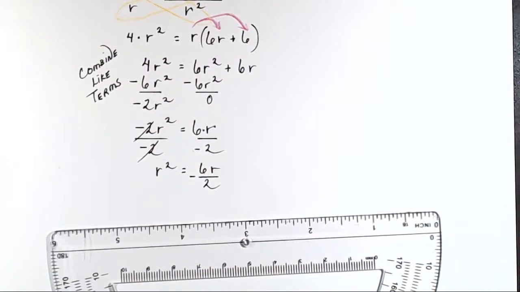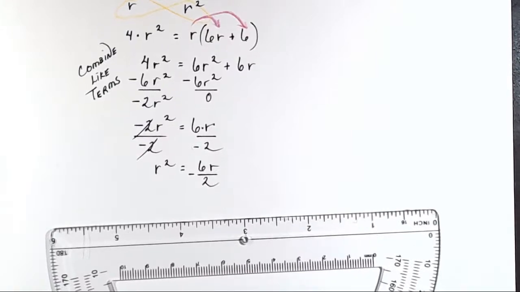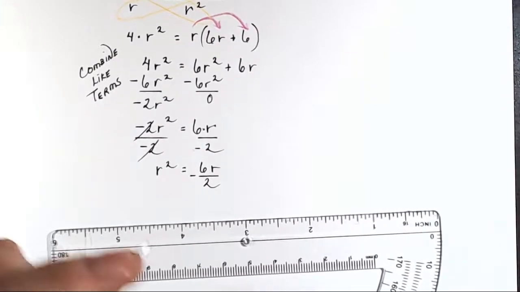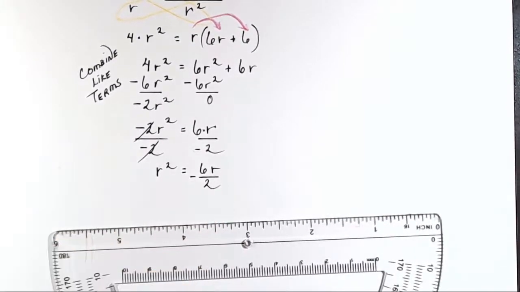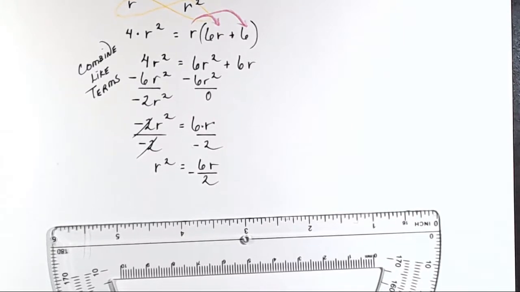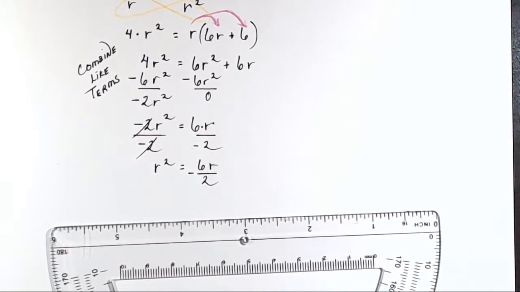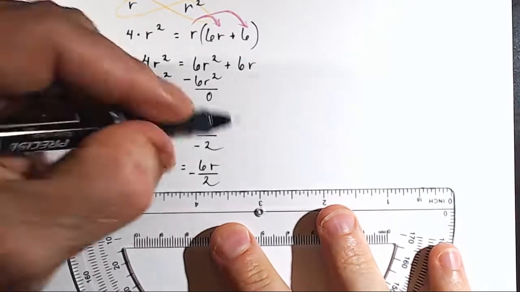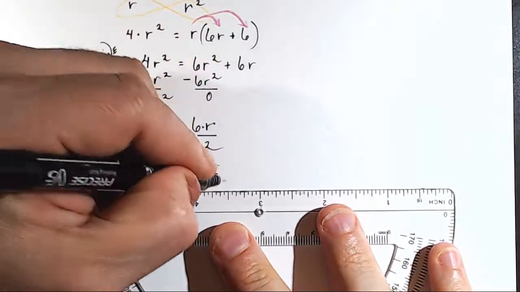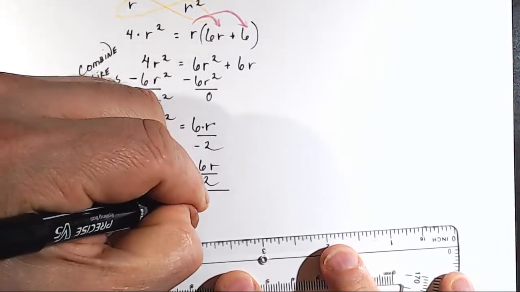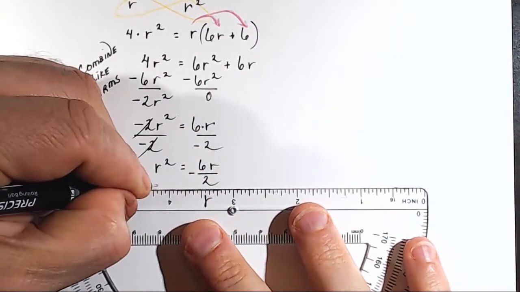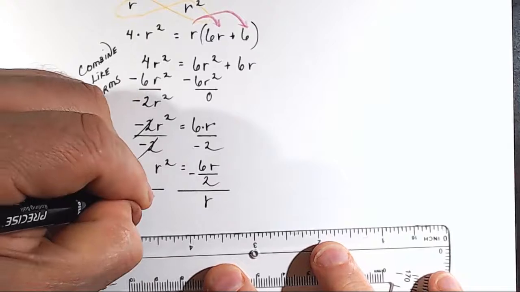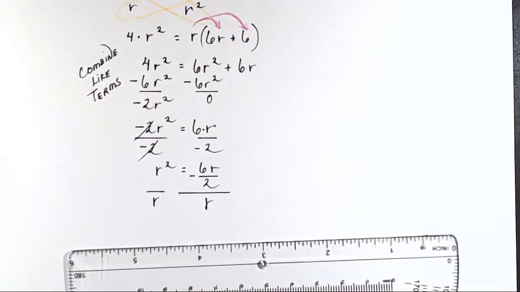Now what do we do? We have to get rid of the r, so I'm going to divide out the r on both sides. I'll divide by r on the left, and I'll divide by r on the right.